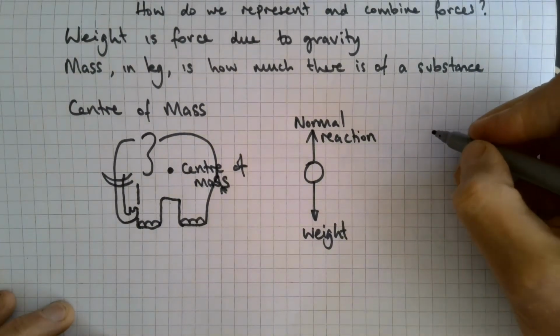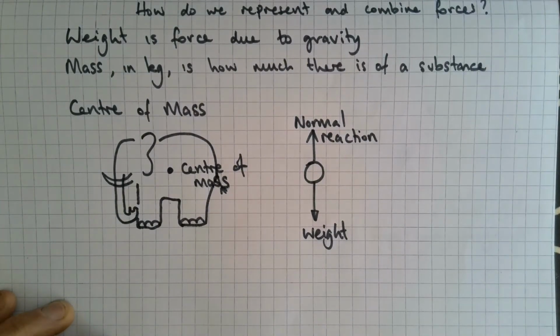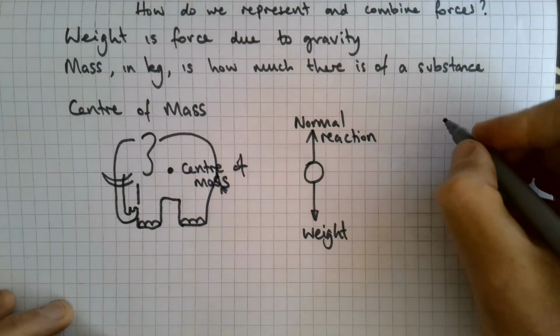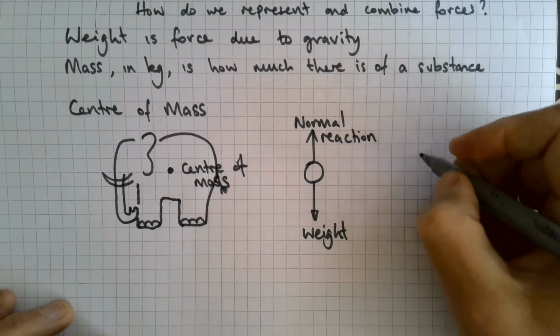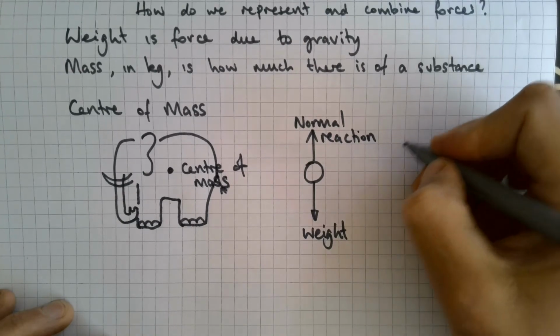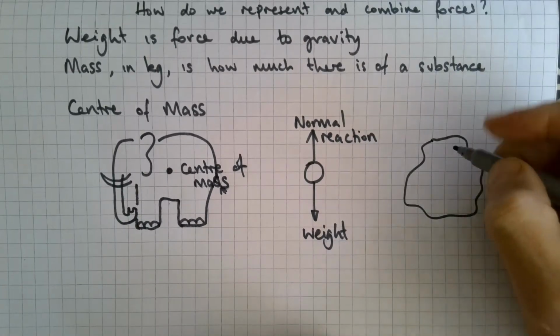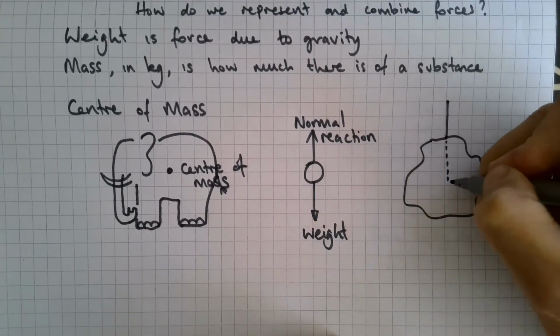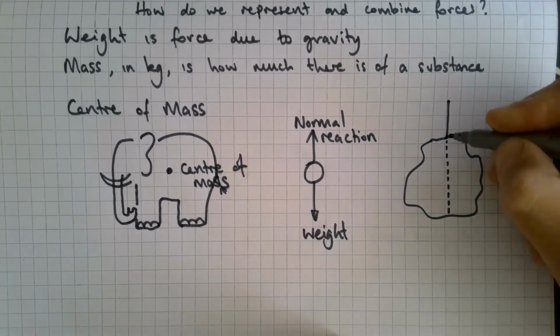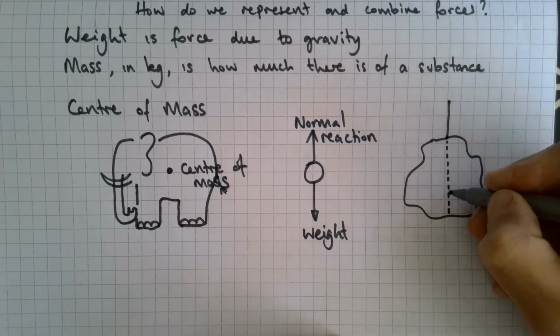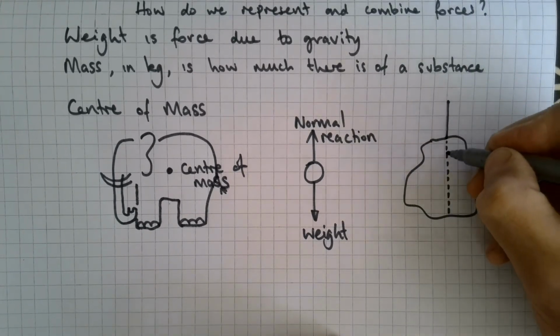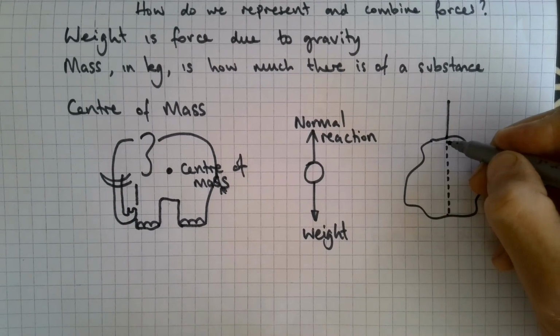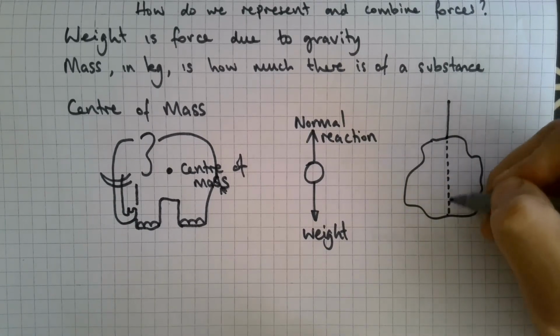So there is a method of working out where exactly the centre of mass is, and basically that method is to think about where the object hangs. So if we were to take, let's say, a random shape and then to suspend it on a bit of string, and then get a pen or a pencil and draw a line right down the object following the line of the string, then the centre of mass must be on that line at some point.